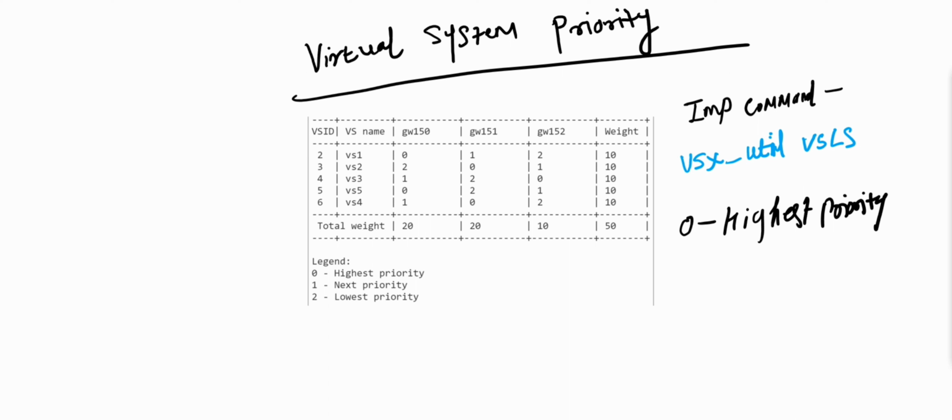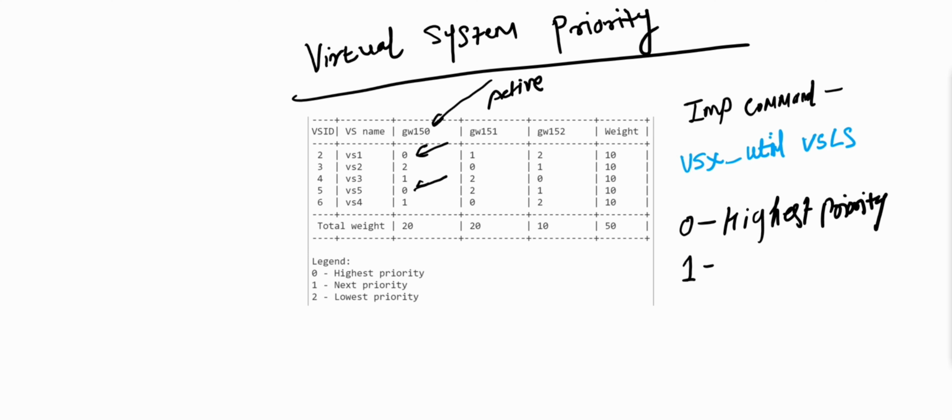In this diagram, consider I have gateway 150, and on gateway 150 I have VS1 and VS5 at 0 priority. That means this cluster member is the designated host. VS1 and VS5 have the highest priority, and they are in the active state.